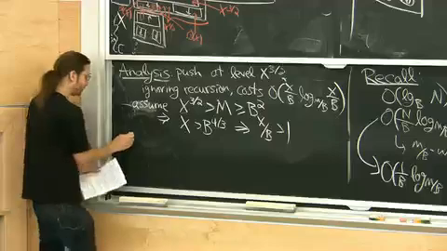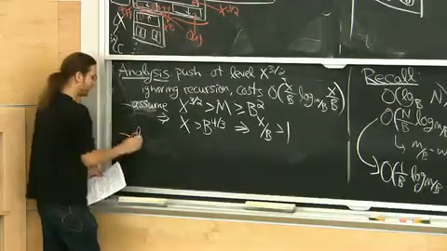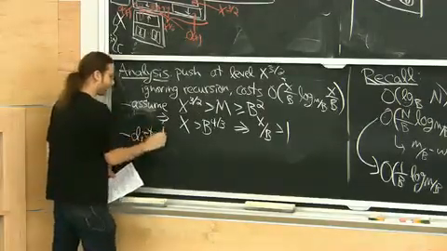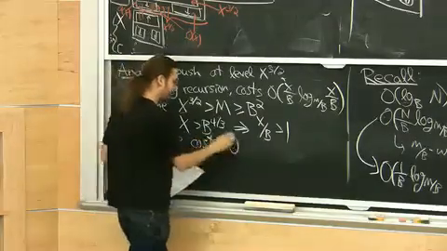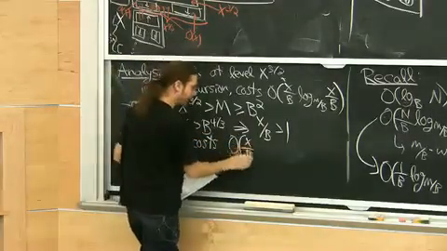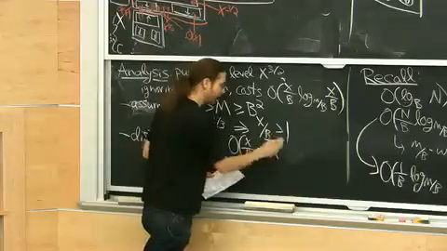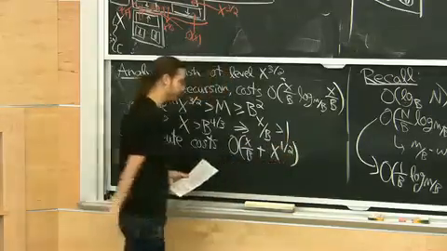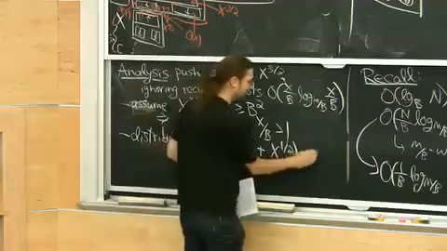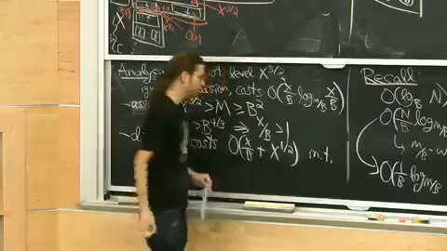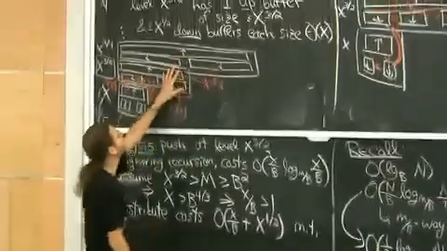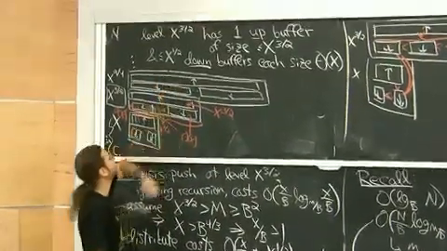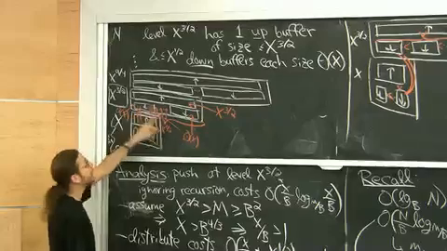All right, now the claim is that the distribution step costs, and this is really the interesting part, x over B plus x to the 1/2 memory transfers. Okay, why? Remember up here we have x to the 1/2 down buffers that we're looking at, and we're visiting them in order.